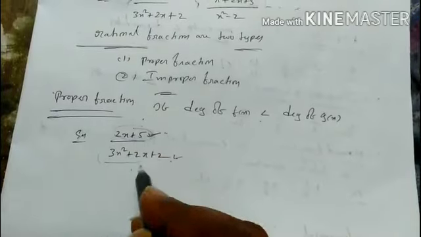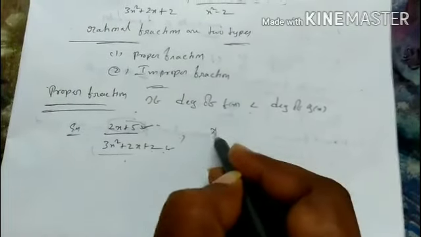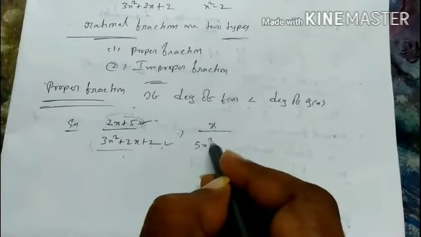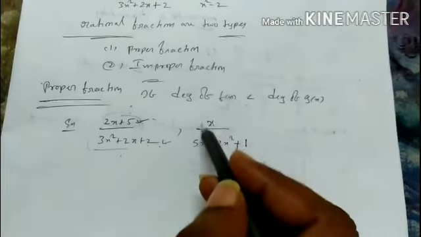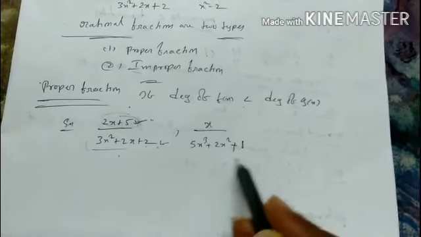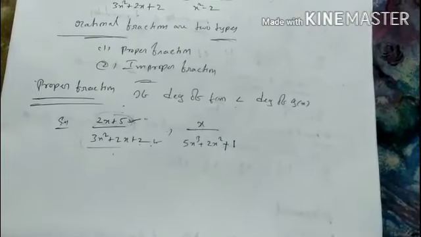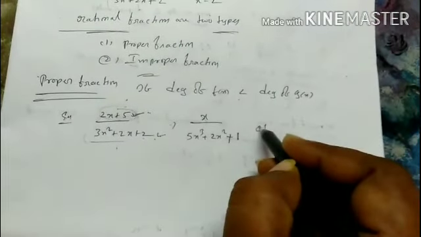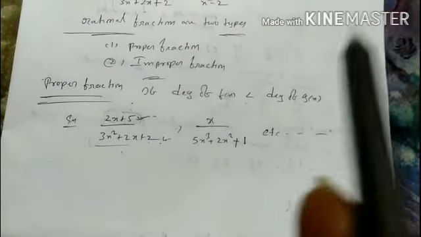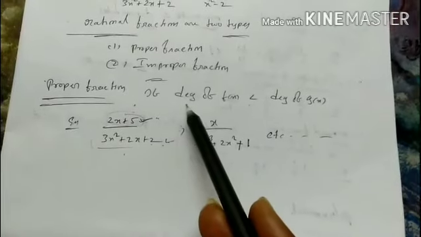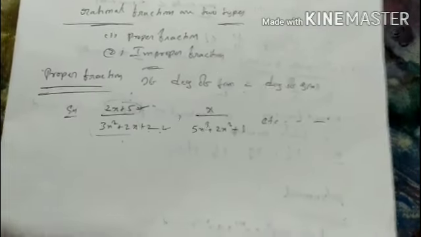That's why this is called a proper fraction. And the next one, x by 5x cube plus 2x square plus 1. Clearly this is a first degree polynomial, this is a third degree polynomial. That's why this is also a proper fraction. So we call a rational fraction a proper fraction if the degree of f of x is less than the degree of g of x.